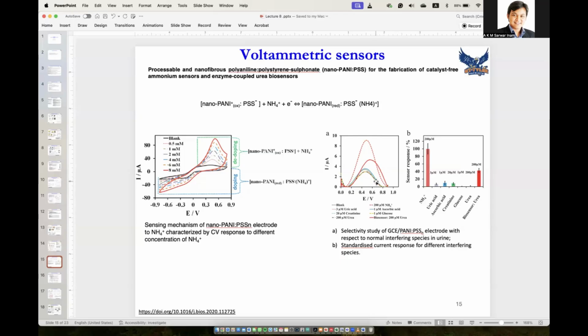And when the signal response obtained by the nanoPANI PSS electrode for ammonium was normalized to 100%, the signal response from urea or the other things is really small in percentage. The result demonstrates that the fibrous nanoPANI PSS interfaces can be used for the selective detection of ammonium.